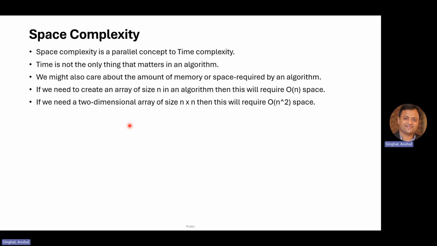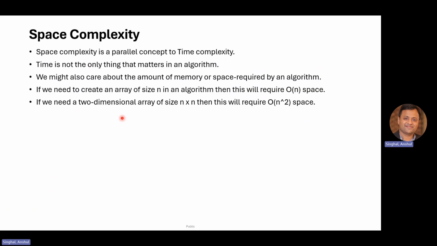So just to start with some examples. For example, if in a Java function we are creating an array of size n, it means that it is going to take order of n space, right?